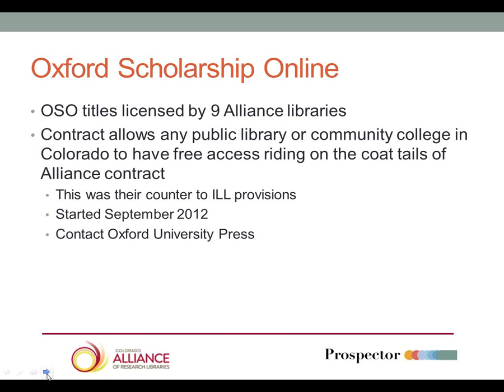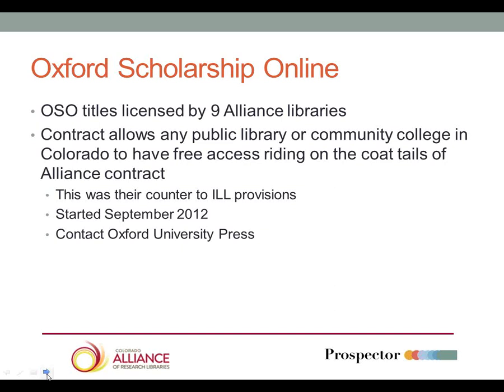We also have the Oxford Scholarship Online, and again, this is an alliance contract, 9 libraries in the alliance contract. But one of the provisions of our contract with Oxford is that other libraries, public or even community colleges in Colorado, have free access, sort of riding on the coattails of the Alliance contract.